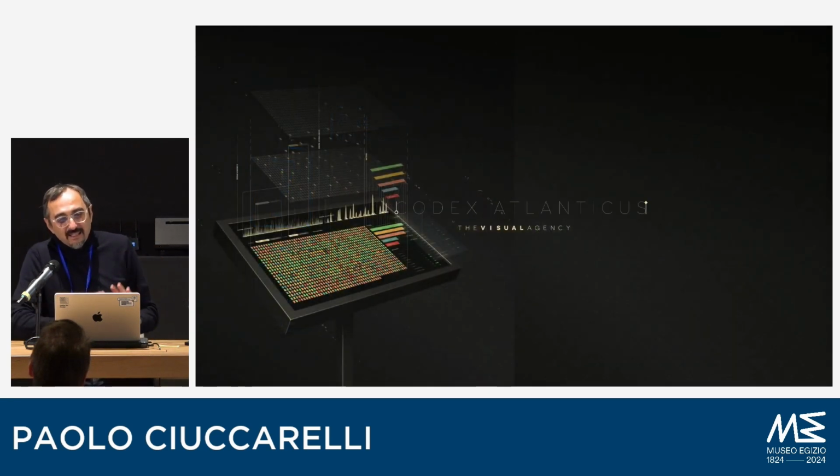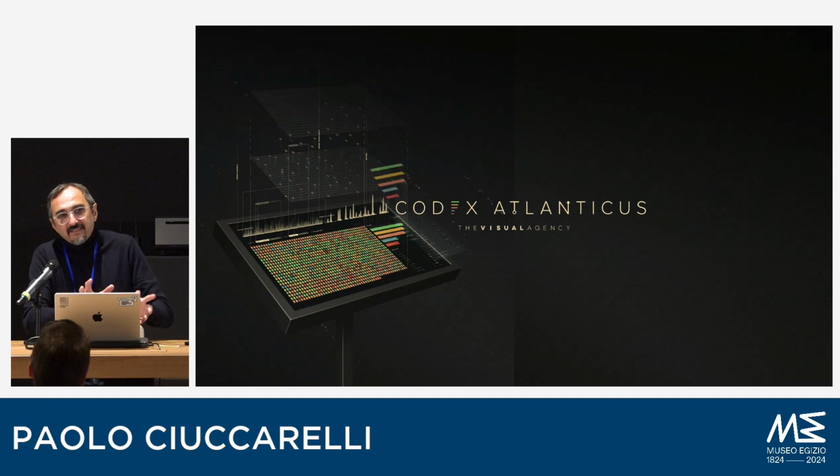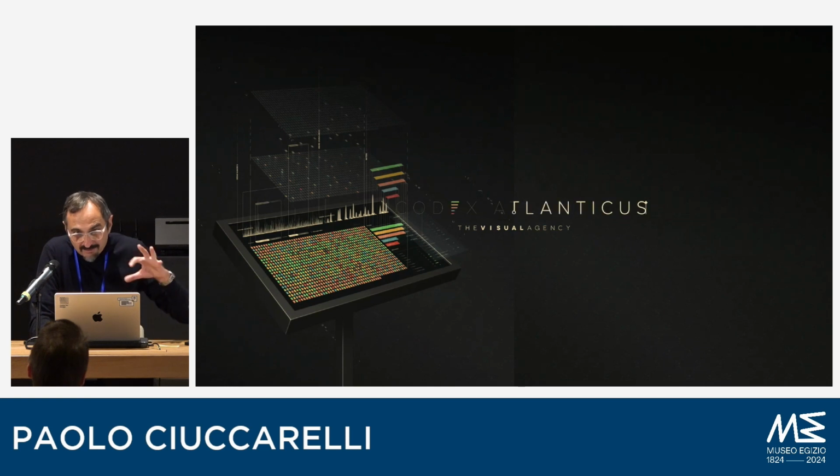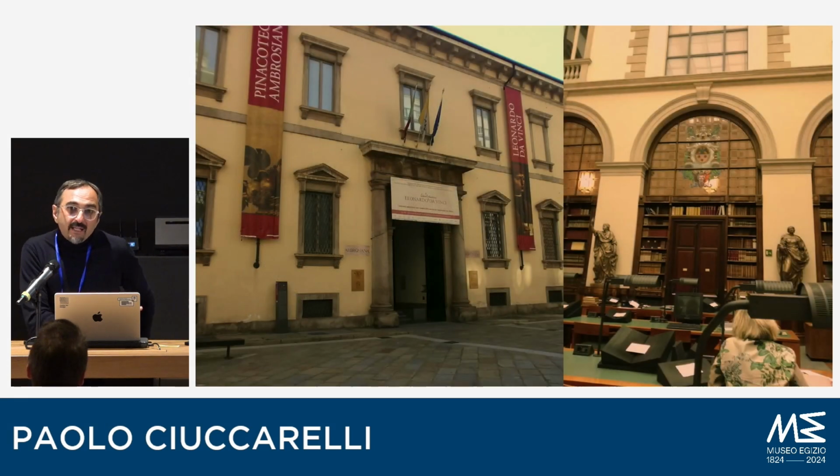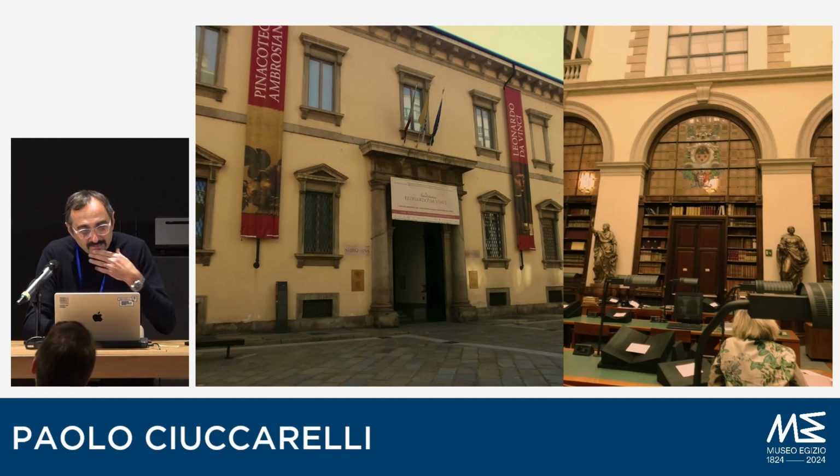Another project is with the visual agency I'm partnered with. It is a side project; we like doing this kind of side project. We partnered with the Pinacoteca Ambrosiana in Milano because they wanted to give people access to the Codex Atlanticus they have in their premises in a broader, better way.